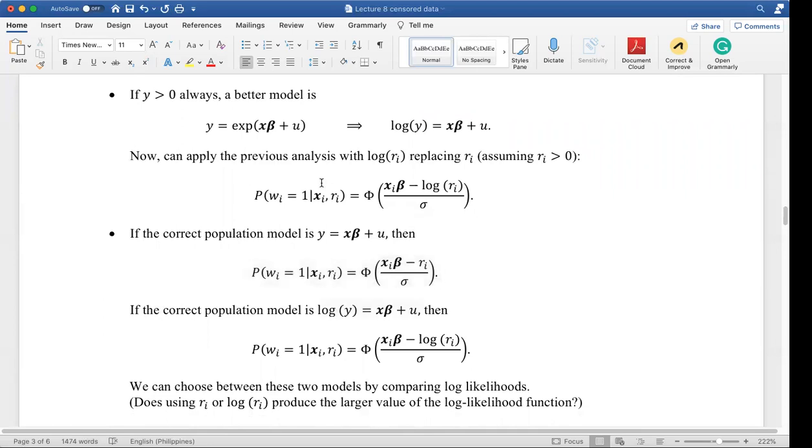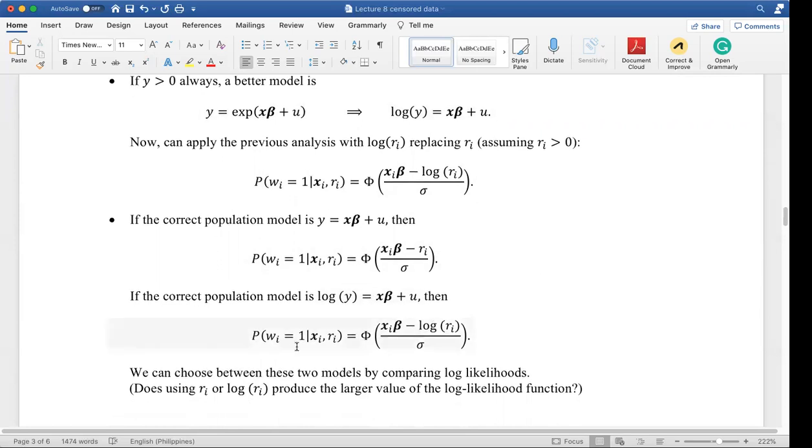If the correct model is this one, then you would have the probability that w sub I equals 1 given by this. So just compare these two. Between those two, the only difference is in this term.